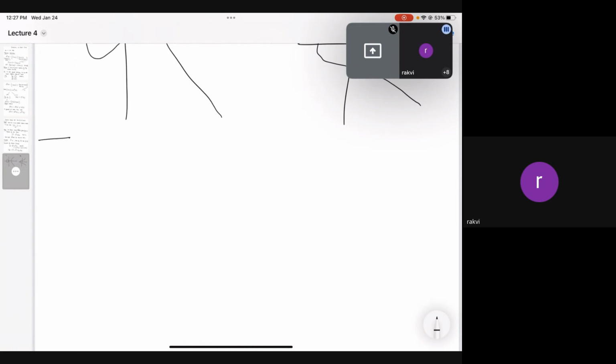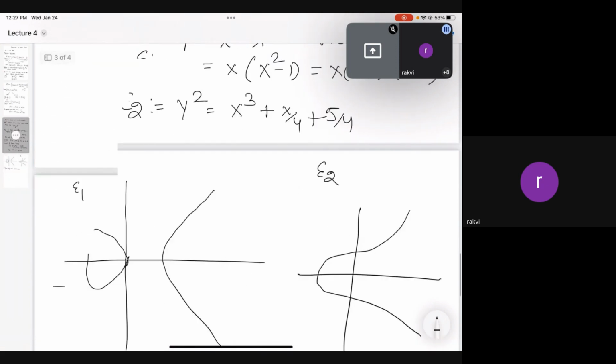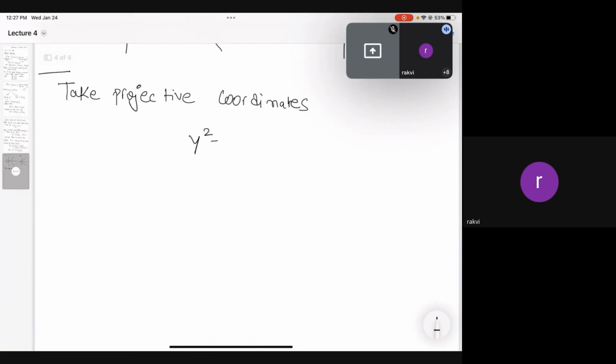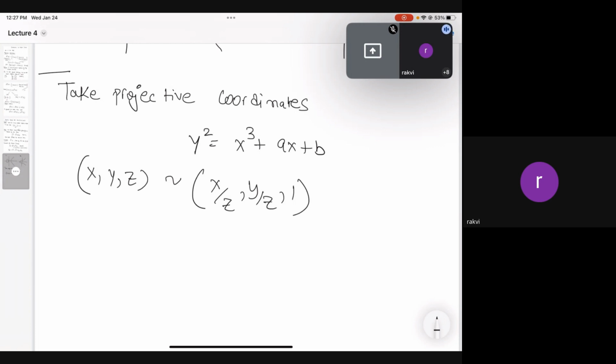If we want to take projective coordinates, then what do we get? Let's go back to our equation. It's y square equal to x cube plus ax plus b. So for the affine part, I'm making the assumption that there is an identification going on in the background.